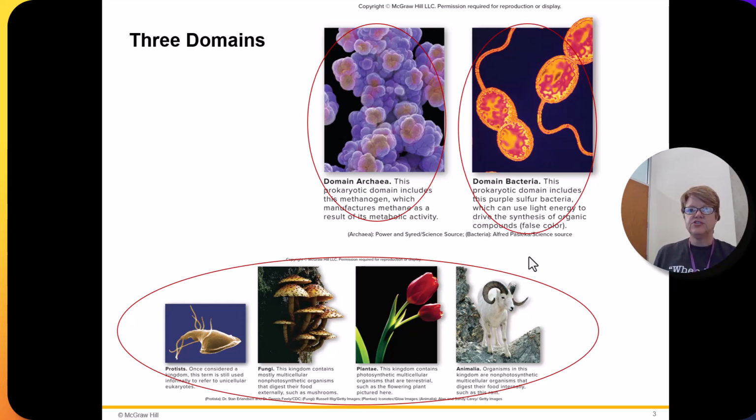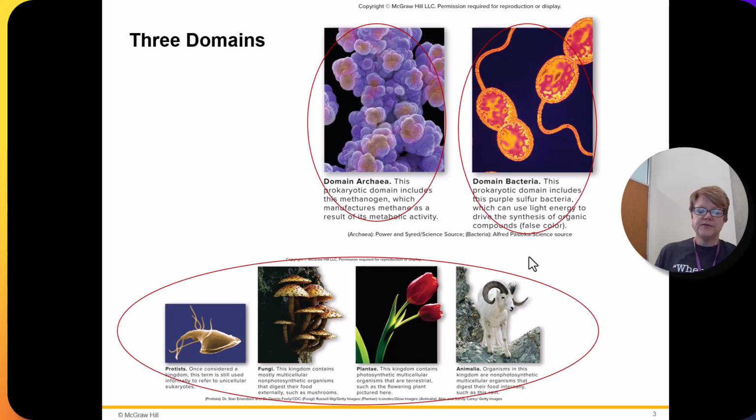By studying gene sequences in these prokaryotes, he found that there are two distinct groups, very different from each other, based on the genes that they have. So he was the one who separated what was called Monera into these two domains, archaea and bacteria.